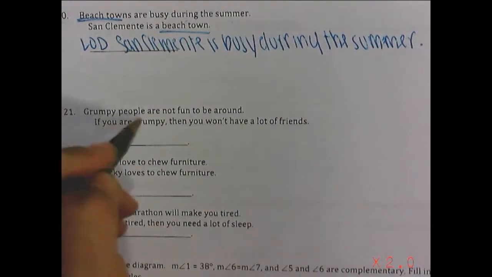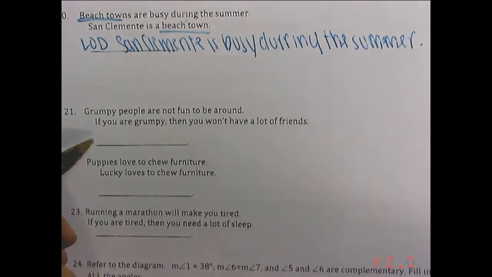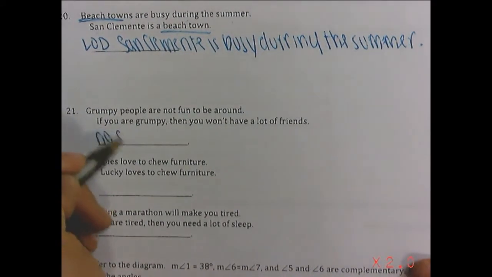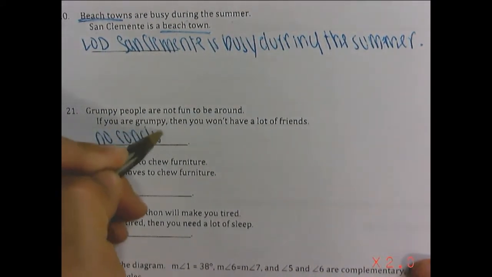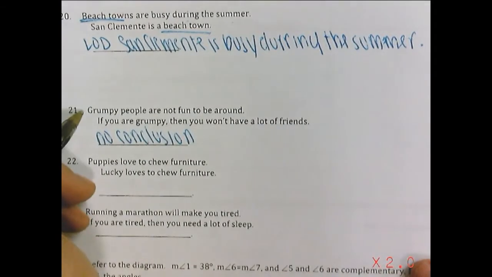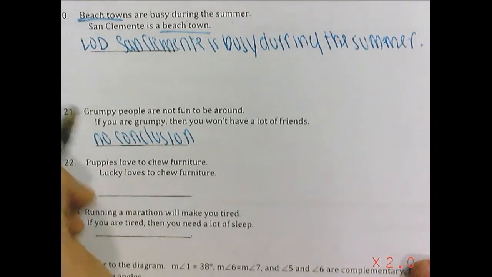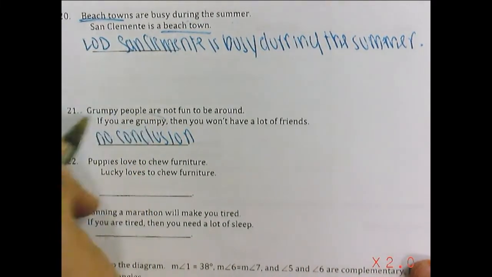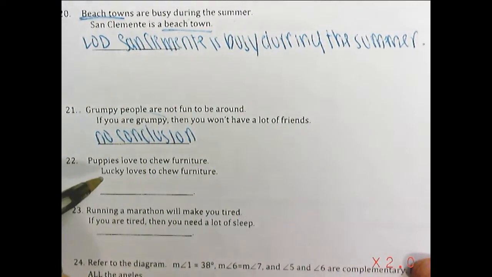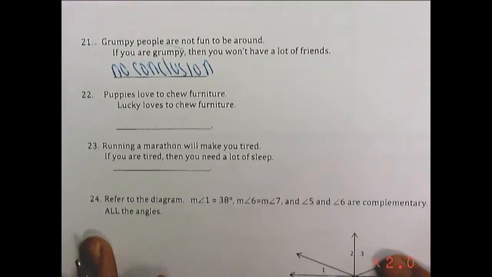Notice how both of those are the hypothesis. You would say no conclusion. If we turn this into a conditional, if a person is grumpy, then they are not fun to be around. The grumpy person would be the same as this statement down here, two hypotheses, and that would be no conclusion.